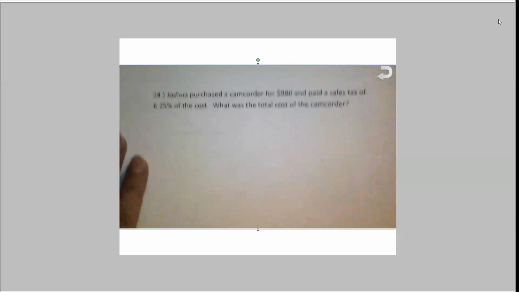Okay, I want to do a couple of word problems from chapter 5. These are some additional questions that I pulled from page 227. It says, Trent missed 9 out of 60 questions on a history exam. What percent of the questions did he answer correctly? So a couple of things.